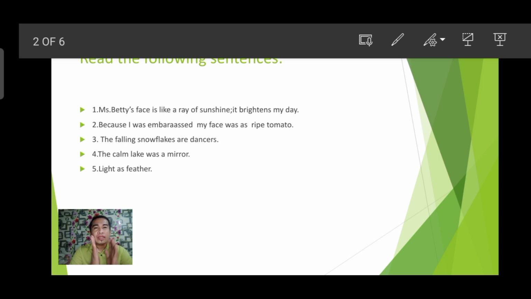Alright, so now, come to think of it, are these sentences a part of speech? Is it an idiomatic expression, or a figure of speech? Okay, because our topic today has a connection with these sentences.